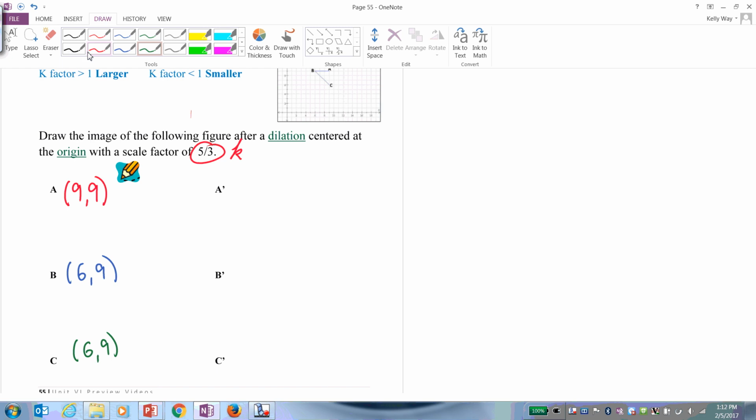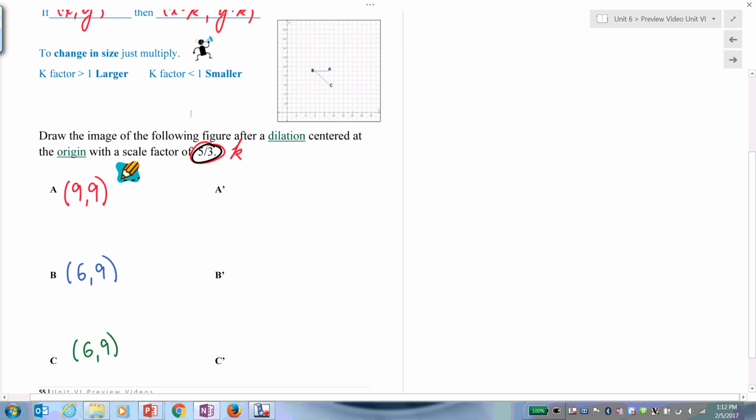Now ask yourself, is 5/3 greater than 1, or is 5/3 less than 1? Ask yourself that question real quick. Hopefully you thought that through, that 5/3, since 3 goes into 5 once with 2 left over, 5/3 is 1 and 2/3, which is greater than 1.